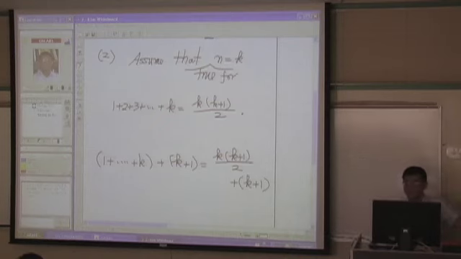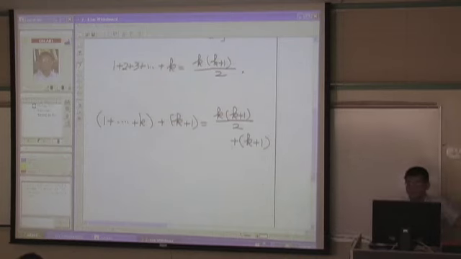Then I can rewrite the right side by factoring out the common factor.